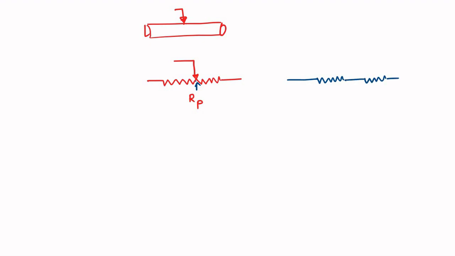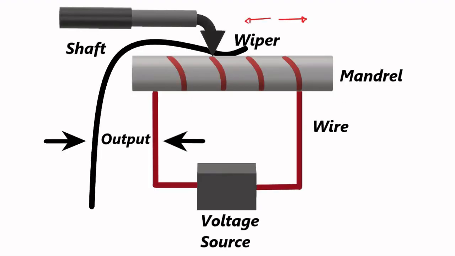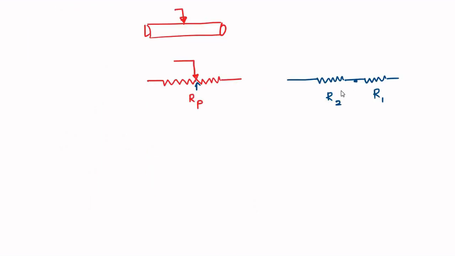Let's say this is R1 and this is R2 at this point. So we have a voltage source connected to it. Wherever the wiper is present, it gives us that voltage value, that signal.